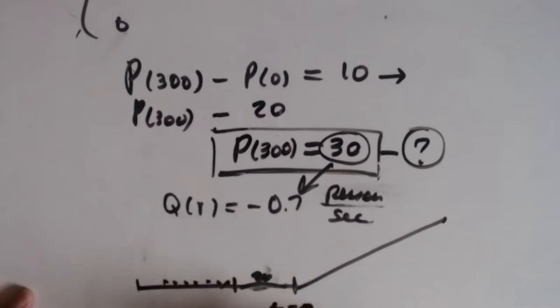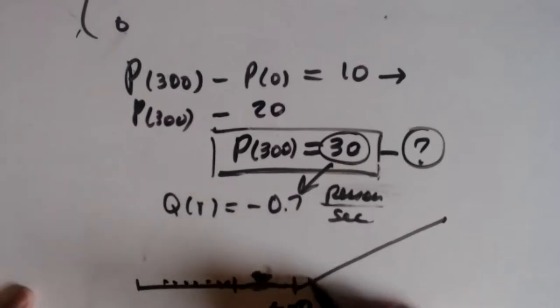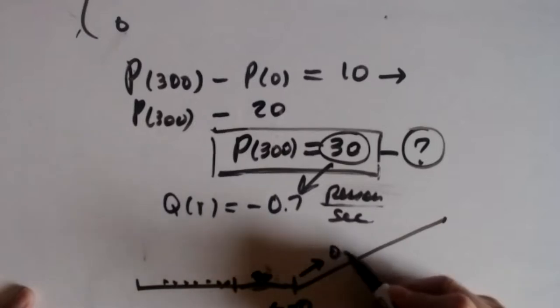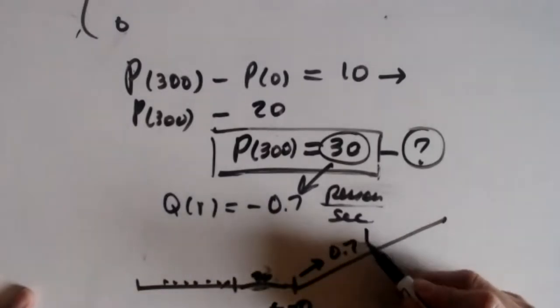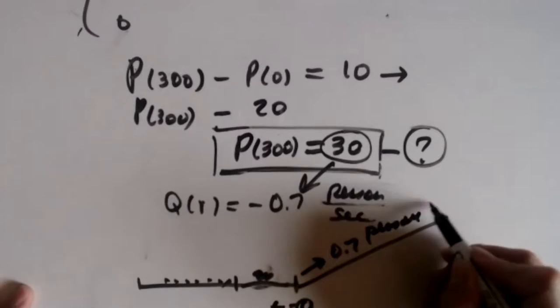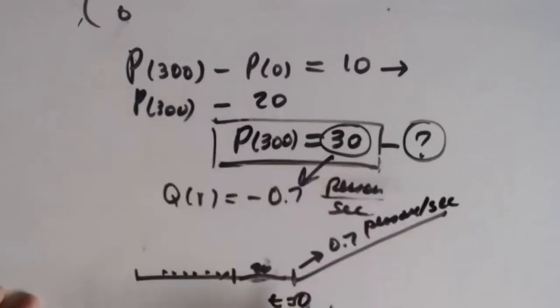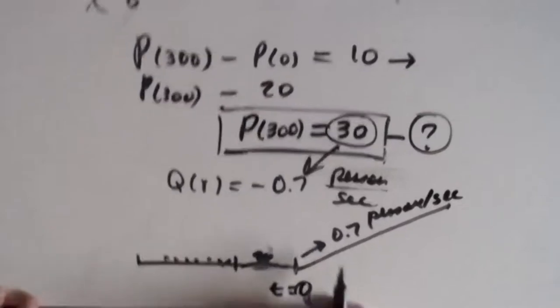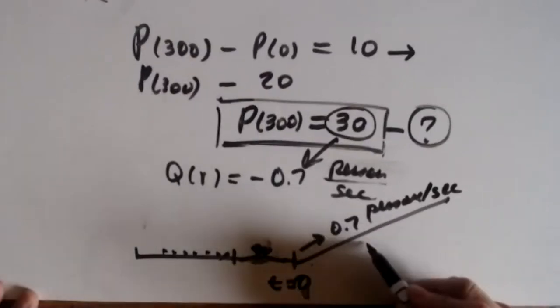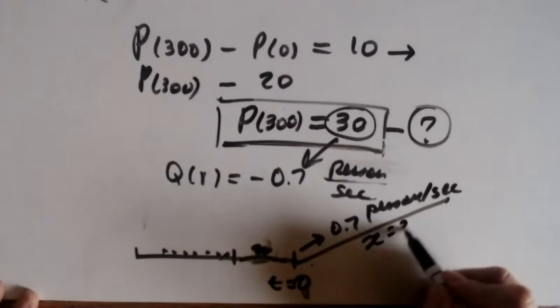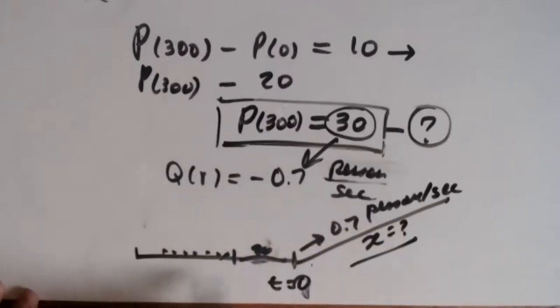Yes, but after t0, there were entering here at 0.7 persons per second, correct? Yep. So subtract this number. And at the end of the 300, you have a certain number of people that enter, that subtract from these ones we have here, to this 30. Really, during the 300, there were 30 people here.